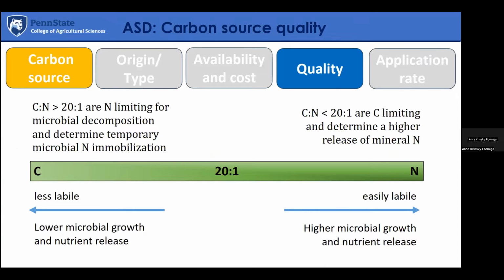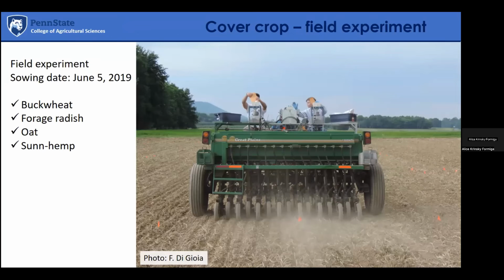The other thing we have not considered in this study is the effect of the carbon nitrogen ratio. We clearly saw that a lot of the leguminous had a better carbon nitrogen ratio, but they didn't produce enough biomass.